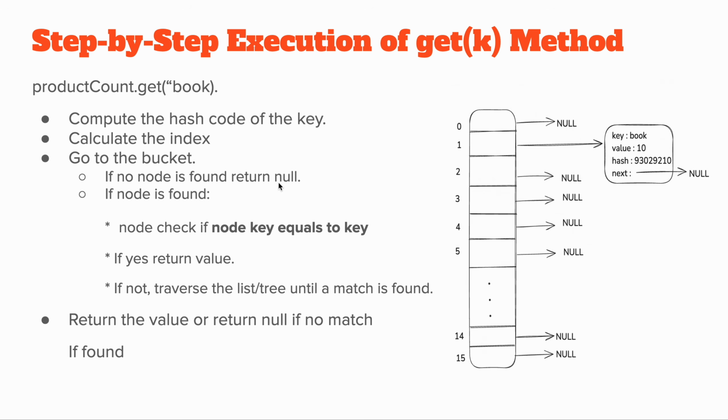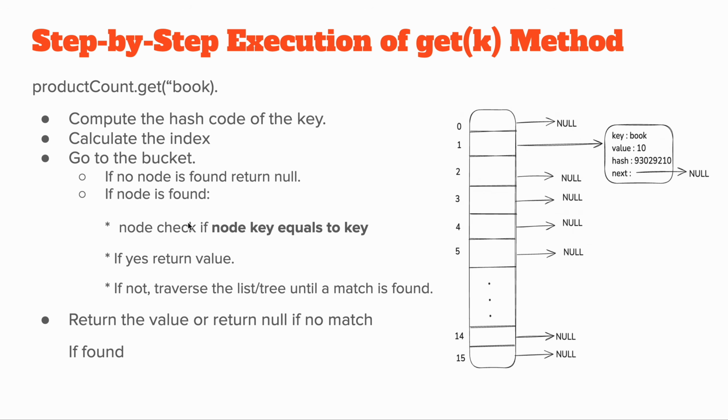Else, if no node is found, let's assume the key is, say, tab. In case of tab, we get index 4. There is no node, so it will simply return null, right? And let's assume there are multiple nodes placed in the same bucket. In that case, this bucket is not empty, so it will traverse the list of nodes and compare the key.